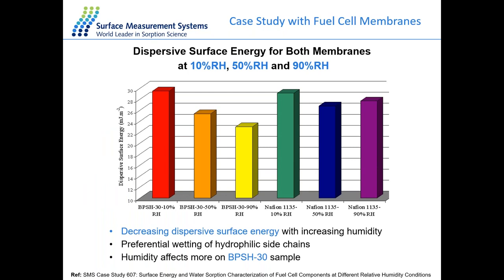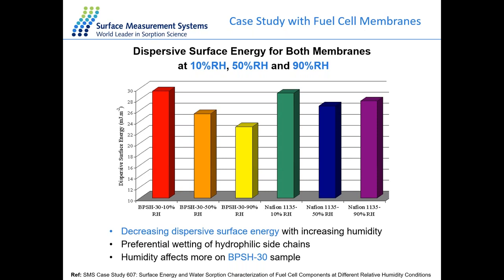So first, for the dispersive surface energy result, the two membrane samples show very similar values at 10% RH, but this dispersive surface energy becomes smaller with increasing background humidity. At 90% RH, the dispersive surface energy of the BPSH sample drops almost 30%, while the Nafion sample drops just about 10%.